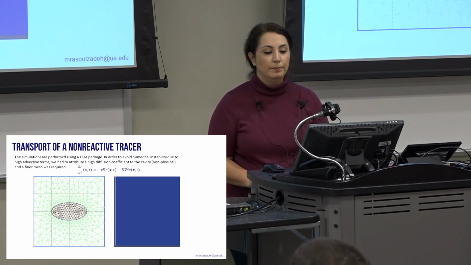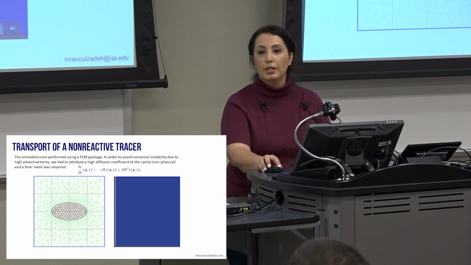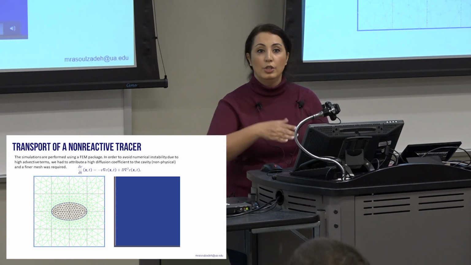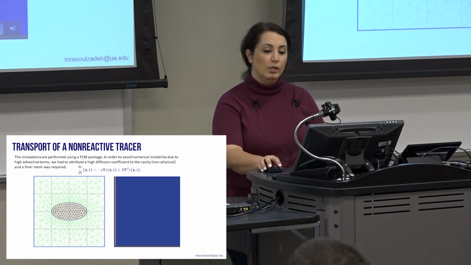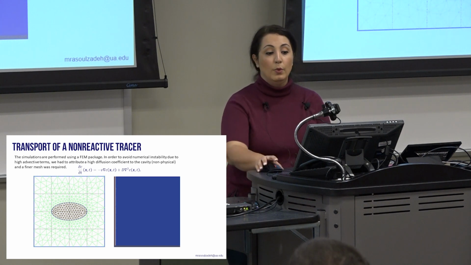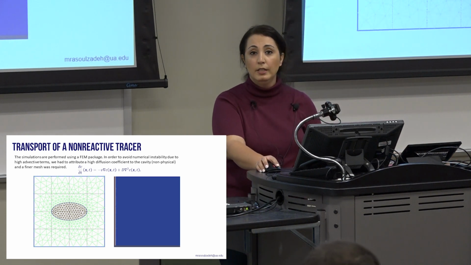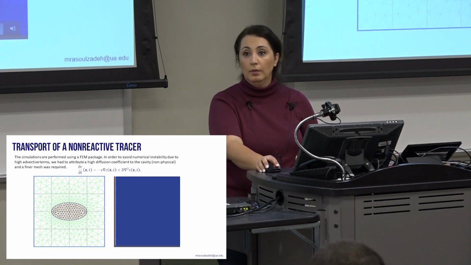And this is the simulation I did with MOOSE, an open source code by Idaho National Lab. And as you can see, I had to put a lot of diffusion here, non-physical diffusion, to just make my simulation run. And you see, it diffuses a lot here, right? Otherwise, I have a high velocity in the perforation that just doesn't let my numerical model converge.